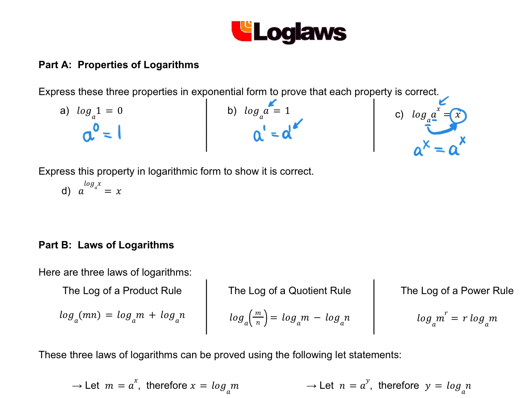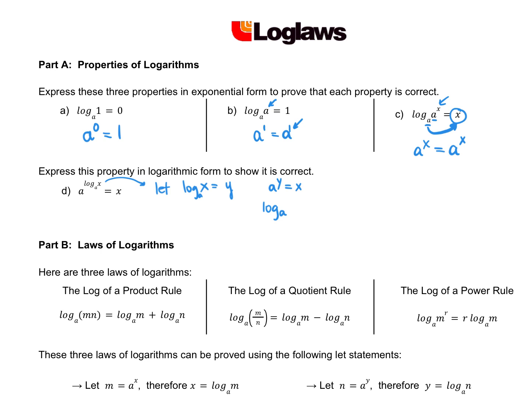Now in order to do this one, I'm just going to simplify the exponent slightly. So let's say instead of log x with a base of a, let's just use y instead, just to clean it up, make it a little simpler. So I'm going to convert a to the power of y equals x into logarithmic form. So I know that the base of the exponential is going to match the base of the log.